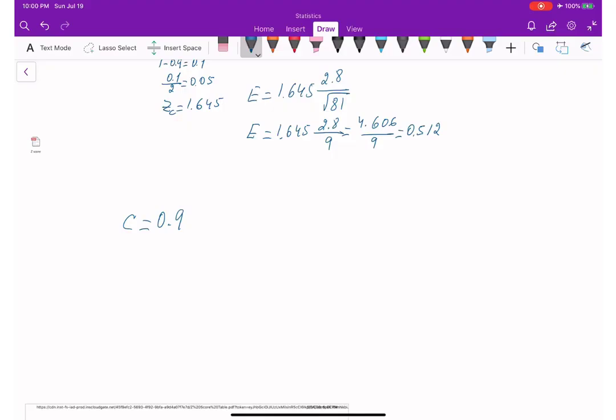X bar is the mean for the sample, it's equal 15.2. Then sigma equal 10, and n is equal 45.